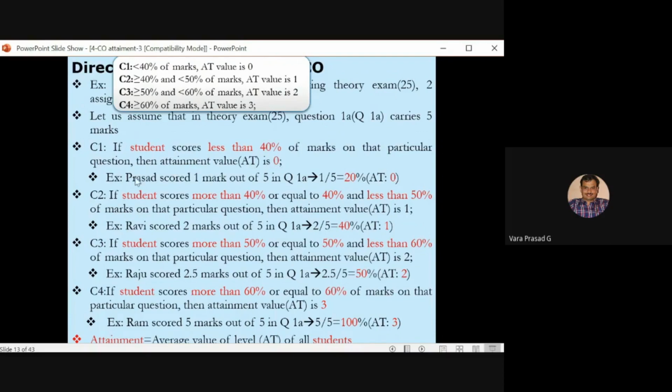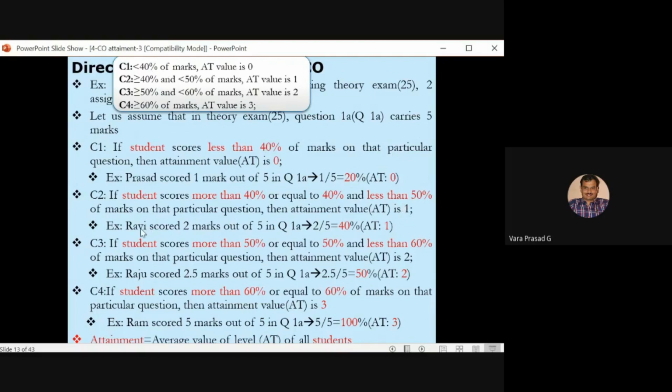For example, a student called Prasad has scored 1 mark out of 5. 1 divided by 5, how much percentage? It is 20%. So it comes under condition 1, so the attainment value is 0. Then condition 2: if any student scores 40% or more but less than 50% of the marks with respect to that particular question, then the attainment value is 1.